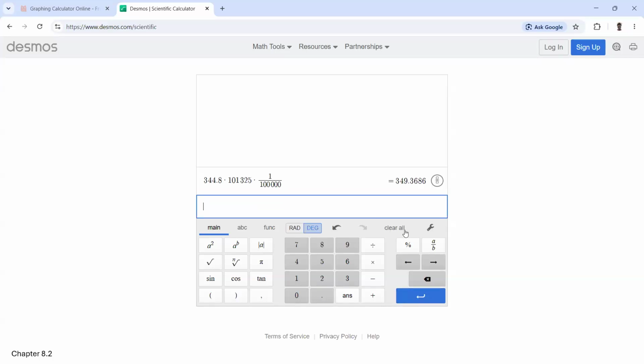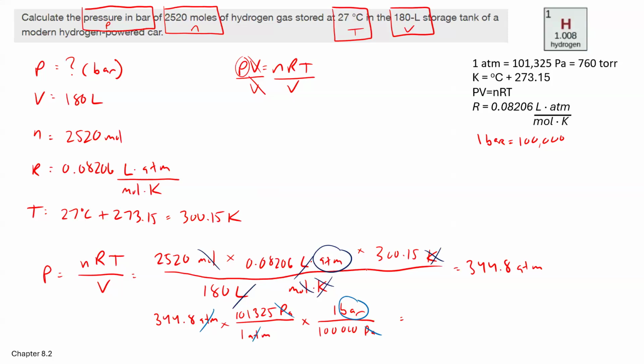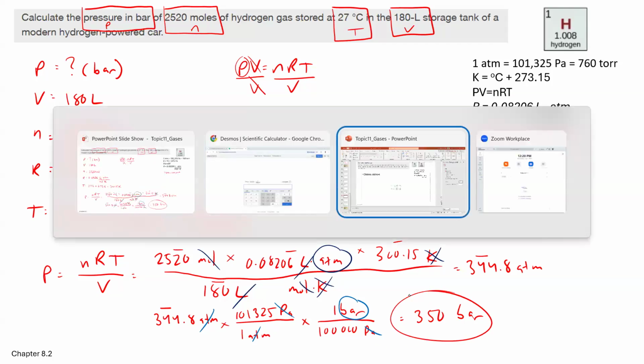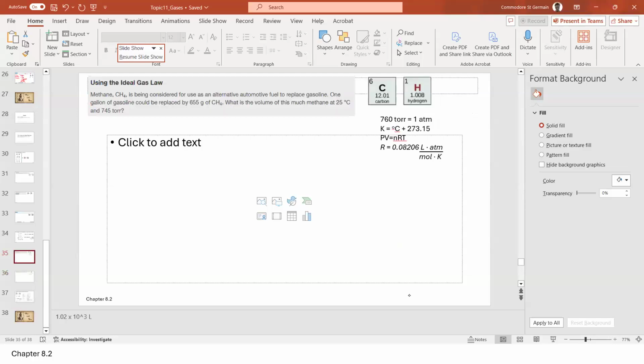And I got 350. Let's just make sure, right? We have 3 sig figs here, 4, 3, 2 actually. So here should only be 2. So this is 2 here. Those are infinite. So then we have 2 here. So it should be 350 bar. Yep, that was the right answer.